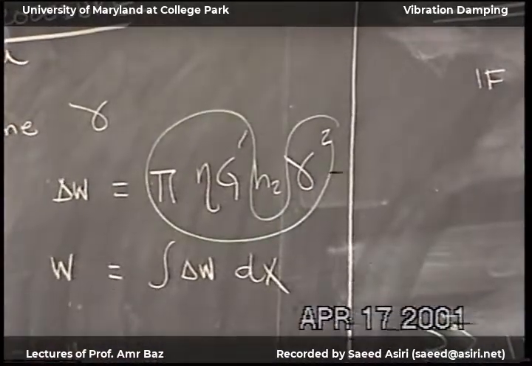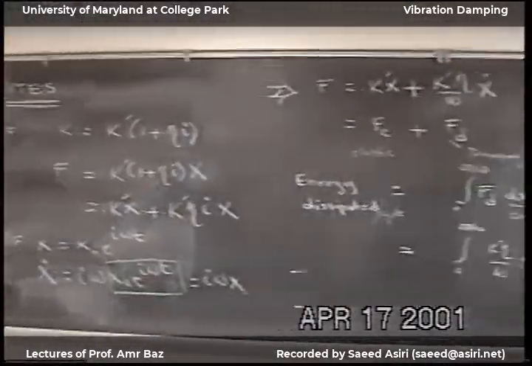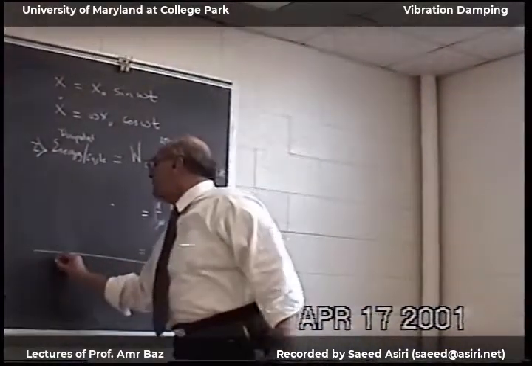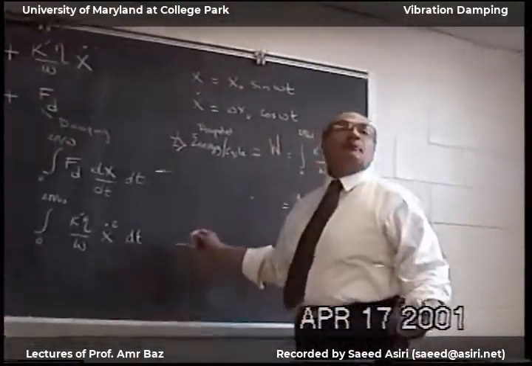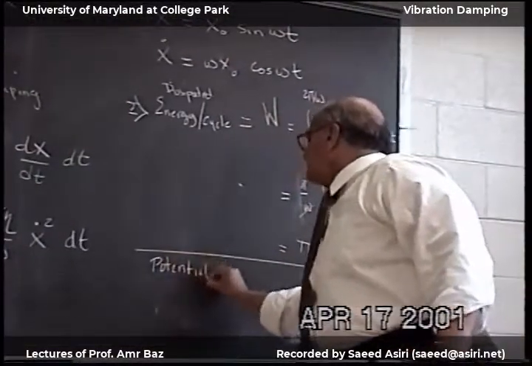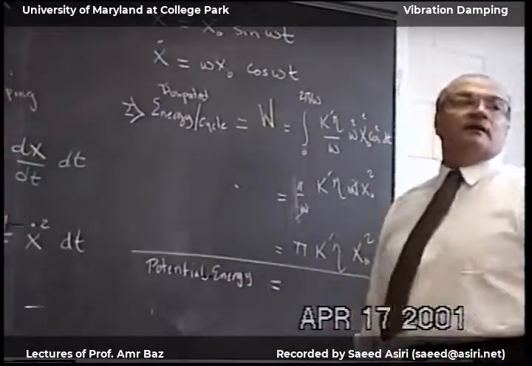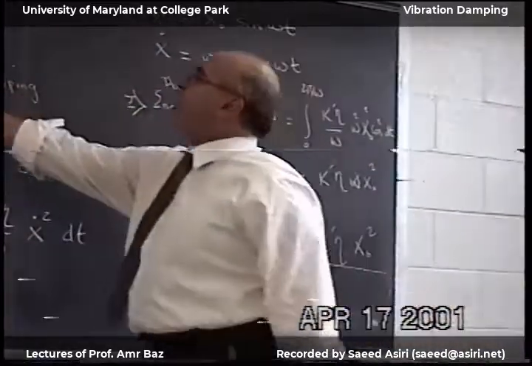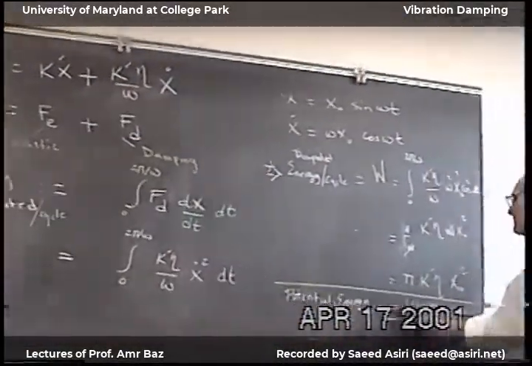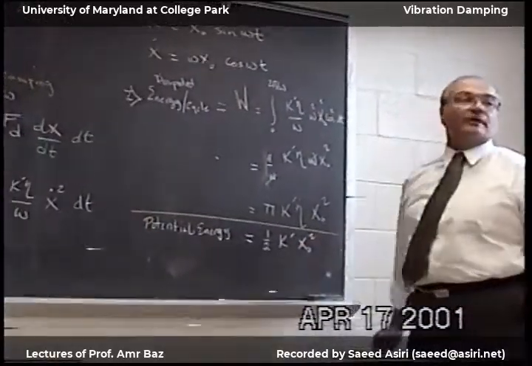This is the energy dissipated. What is the energy in the spring? So the potential energy will equal to, the spring is K and x, so the energy will be 1/2 K x0 squared.